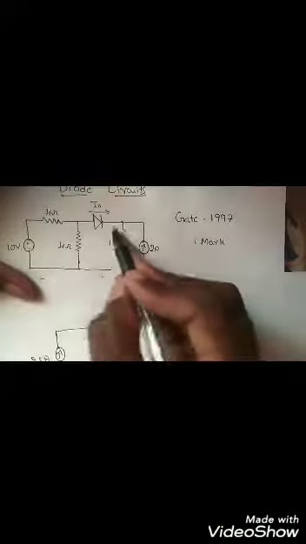And this diode circuit. And here we can convert this current source into voltage source. So let us do that.